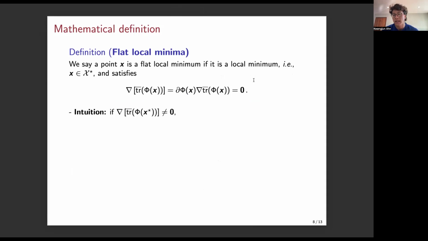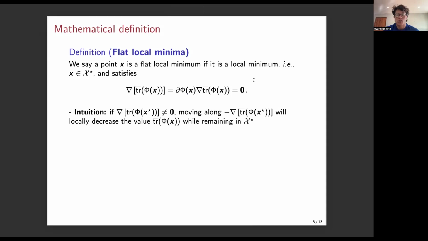Another intuition here is that if this gradient value is non-zero, moving along the negative direction of that gradient will locally decrease the value of the trace of phi(x), restricted to x star, while remaining in x star. So you can reach flatter local minima if this gradient value is not equal to 0. Hence for flat minima, we want this gradient value to be 0.